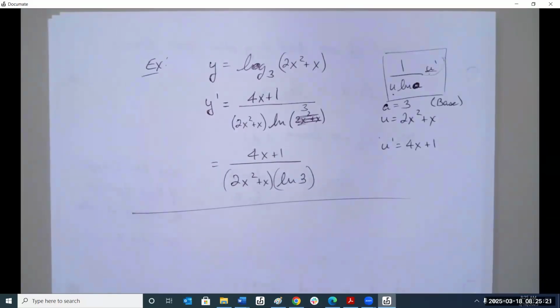Now, the beauty of this whole process we're doing here with ln's is, what if I gave you this equation?